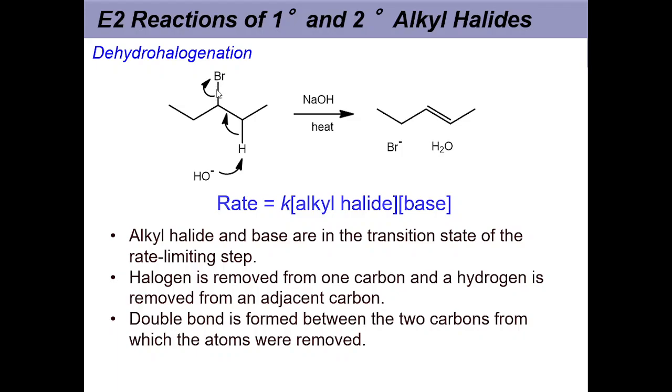The carbon that bromide is directly attached to is the so-called alpha carbon. And next to alpha carbon, there are two other carbons. Now, these carbons are beta carbons. So we can quickly label them, which makes it easier for us to talk about it.